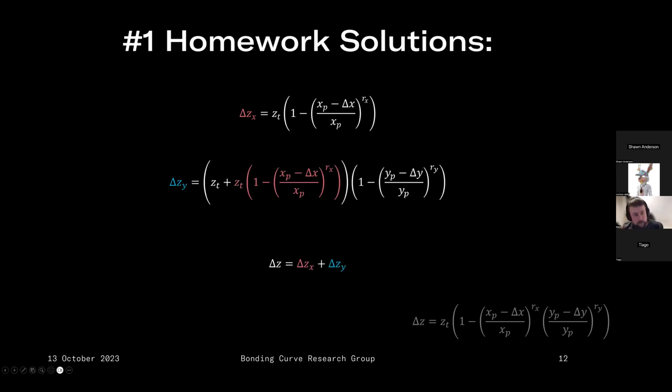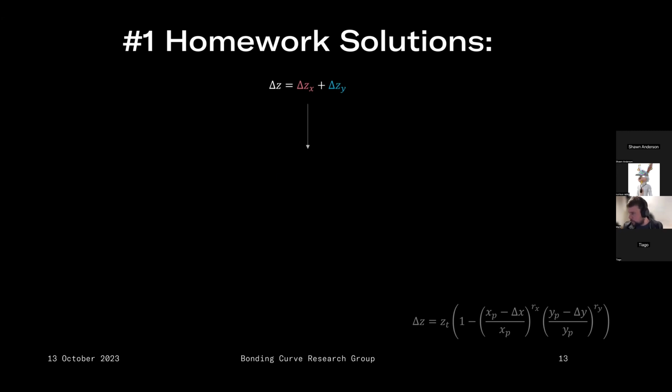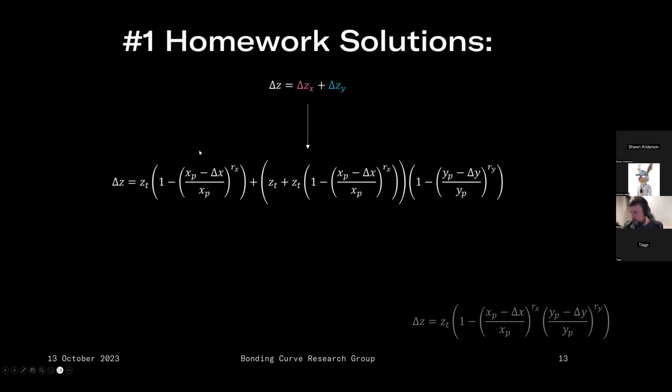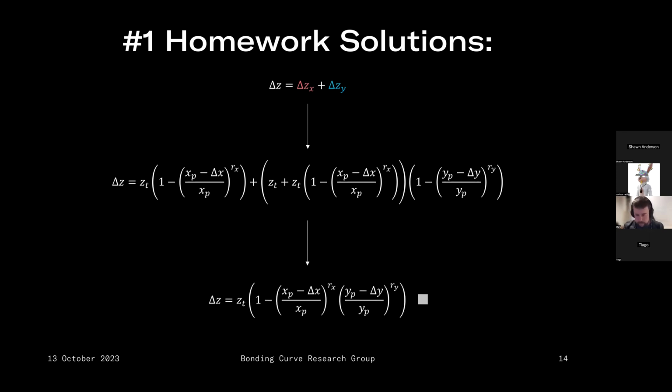I apologize for that slide, I just noticed it's got a sign inversion, but that's okay. The overall result should be basically the same: you substitute these two expressions in, and then expand and simplify, and you will end up with this result, which is really nice.